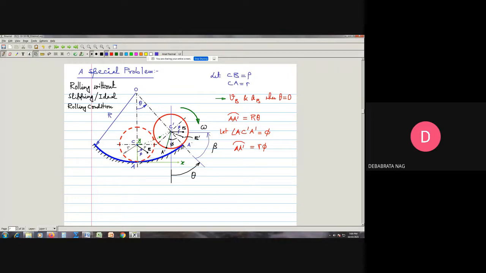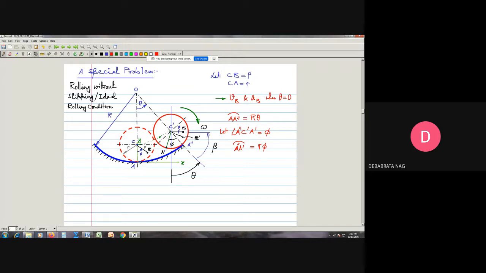Let us call it AA double dash, the intermediate position. This AA double dash comes out to be equal to R theta, and as a result the angle A double dash C dash A dash is equal to phi. So the arc length A double dash A dash becomes equal to r into phi.